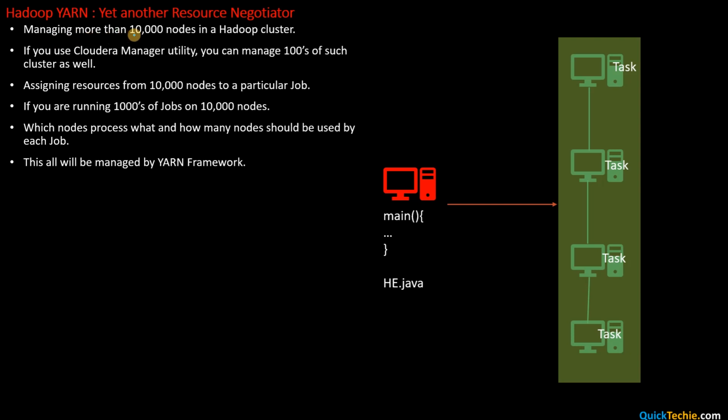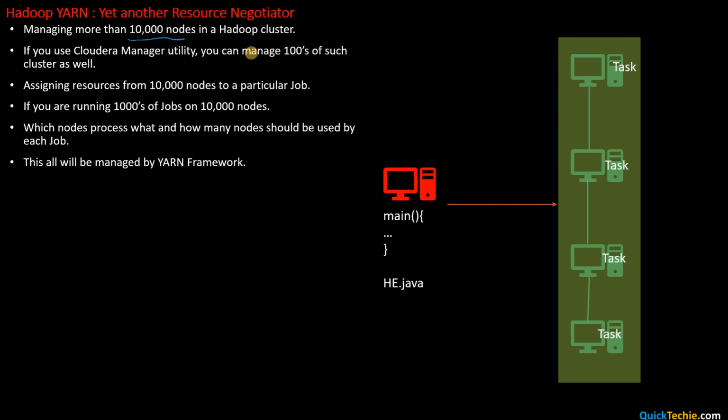If you want to manage 10,000 nodes of a cluster, how do you do that? How do you distribute your workload? How do you know how much RAM is available, how much disk space is available, how much CPU is available? All these resources, and their negotiation and allocation, can be done using YARN, Yet Another Resource Negotiator.